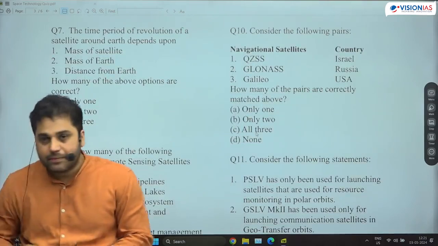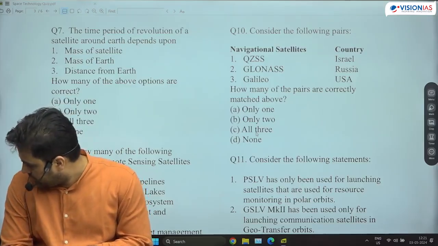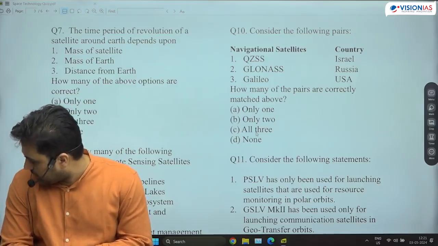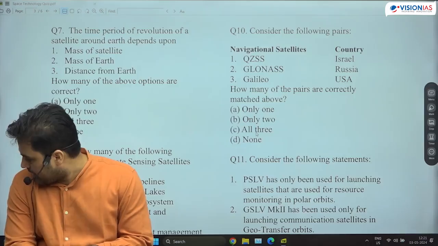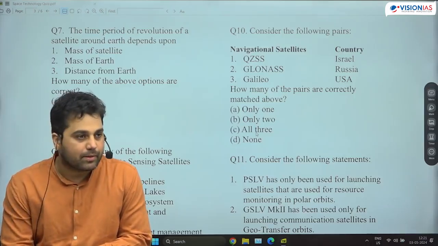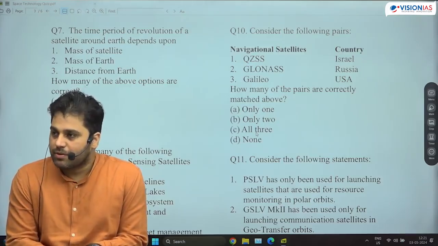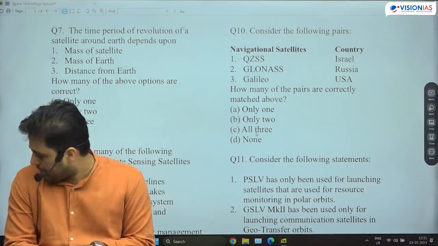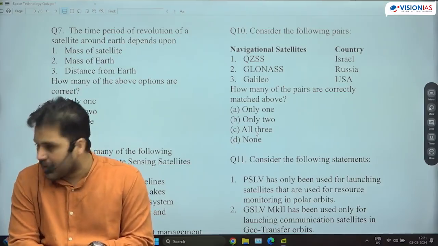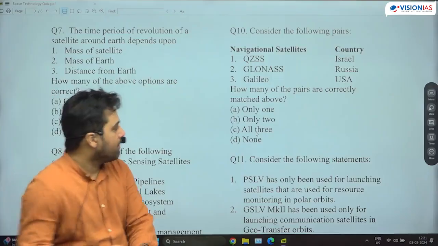7th. So the answer will be only 2, not only 1. Mass of Earth and distance from Earth, not dependent upon mass of satellite, which is counterintuitive to think. If you do not know the actual understanding of orbital motion, then you will think that mass of Earth will not play a role, but mass of Earth will play a role. We talked about this.